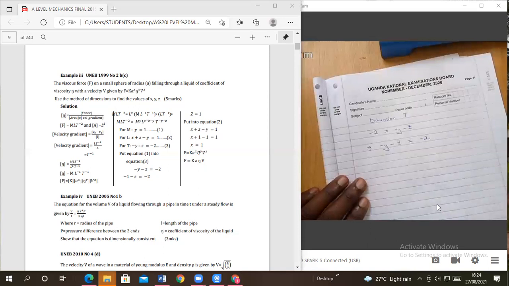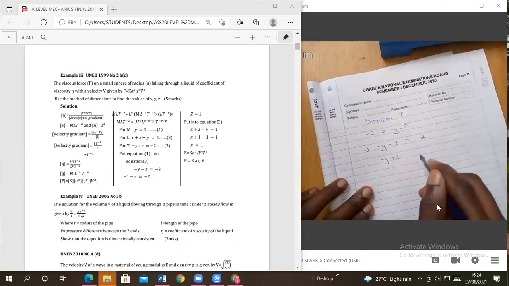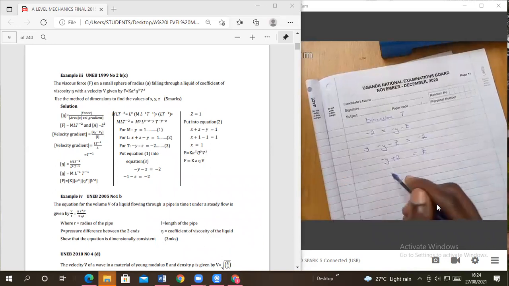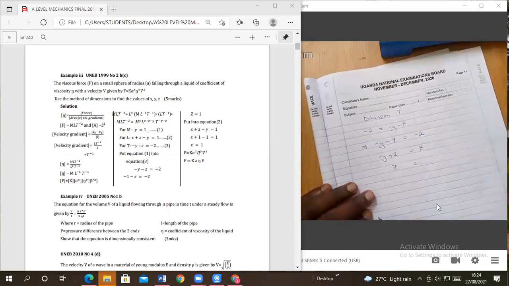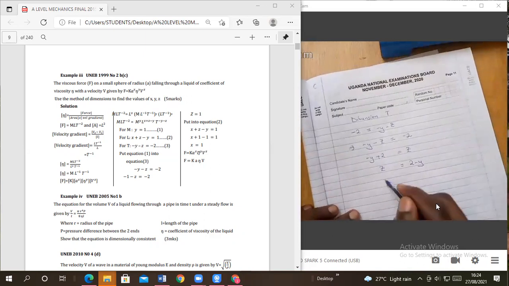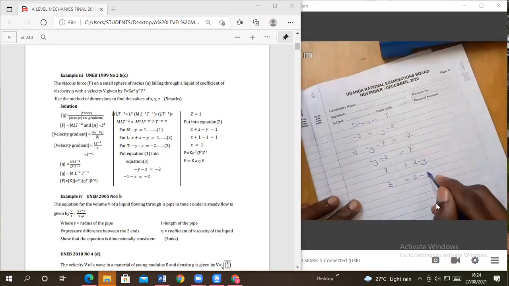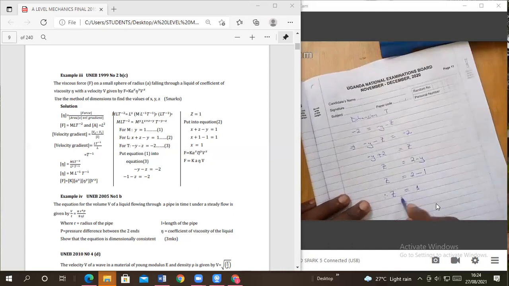If I make Z the subject, we shall have negative Y plus 2 equals to Z. Am I wrong if I write like that? What should I write? You should write 2 minus Y. Good. So Z is equal to 2 minus, what was the value of Y? Y is 1, so minus 1. Therefore our Z is also 1.